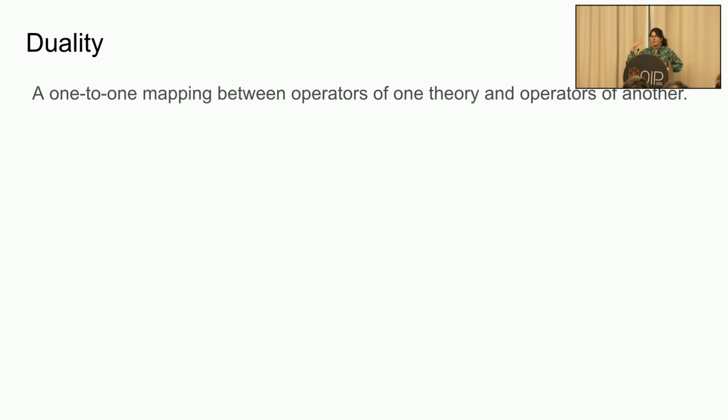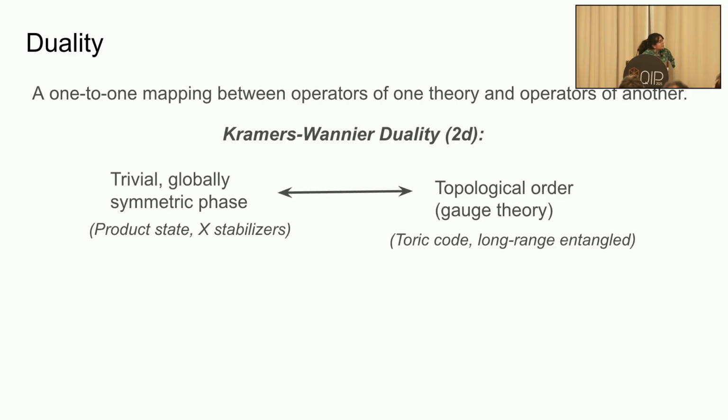I will go through this quickly because we've just heard a lot about dualities. I'm going to focus in particular on Kramers-Wannier duality, and in particular in 2D. The main idea is that it's a map between a trivial globally symmetric phase, which in condensed matter I might call a paramagnet, but we can just think of as a product state, stabilized by just independent X operators everywhere.